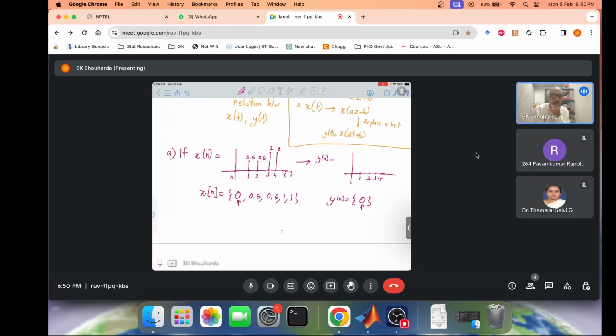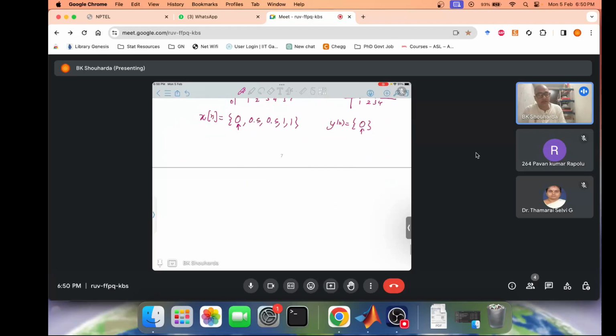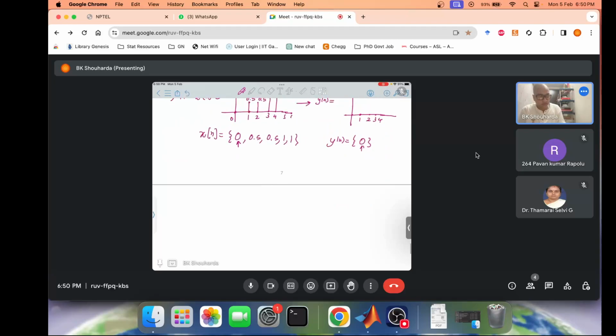time system, and what happens is that in a discrete time system there is a loss of information, and there can be multiple ways in which you can obtain y[n] from x[n], one of them being y[n] directly being multiplied by 0. So in such cases, you should always look into the options that are provided in your question.